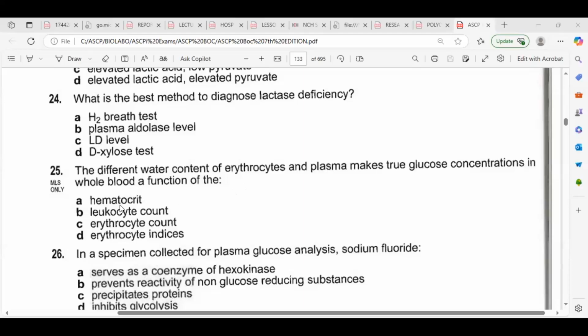If hematocrit is very high, for example 60%, you will find that whole blood glucose will be very low compared to the plasma glucose of that person. Hematocrit influences the glucose result because the occupation of RBCs in whole blood replaces the water content of that sample.